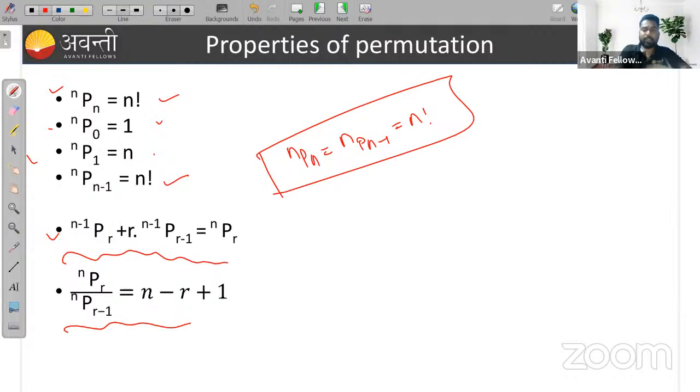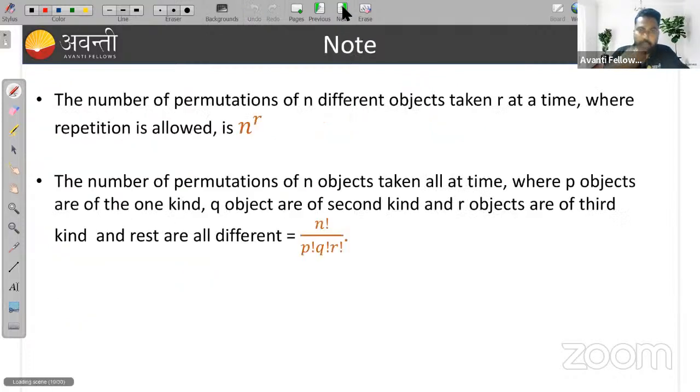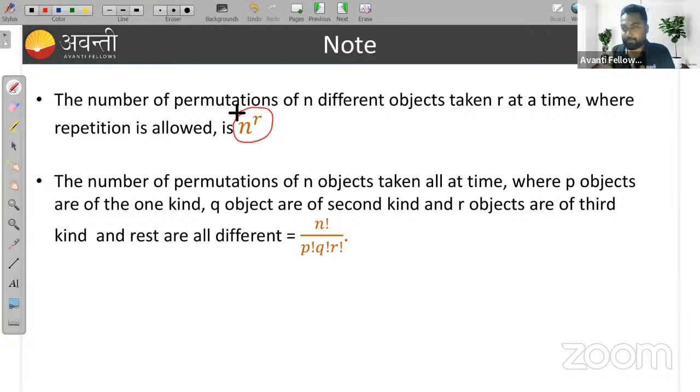Okay, let's move on. Here you have a note for you. The number of permutations of n different objects taken r at a time, where repetition is allowed, is n to the power r. In the first question we have already discussed a question of this type, that is 3 to the power 3.